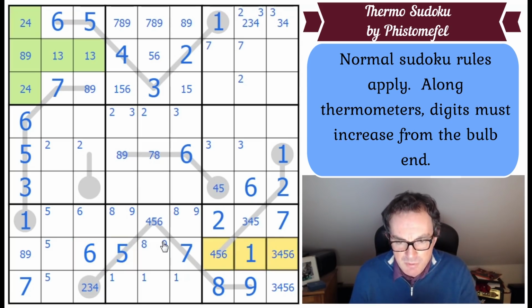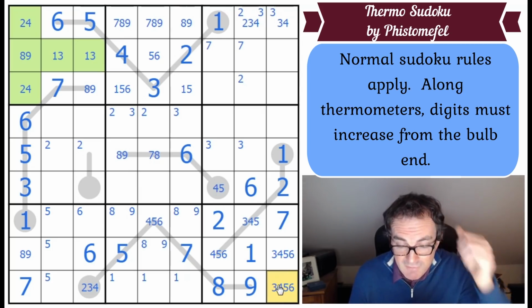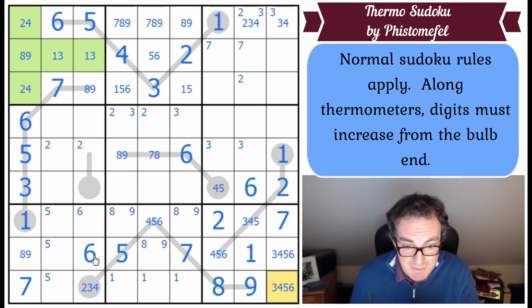And this is now broken because the only digits that you can put into these two squares are now 4 and 3. This is on the thermometer, so it has to be lower than those. We'd have those 3 squares needing to be 3 or 4, and we'd have to make this a Schrödinger cell, and this would have to be 5 and 6 simultaneously, which is impossible.